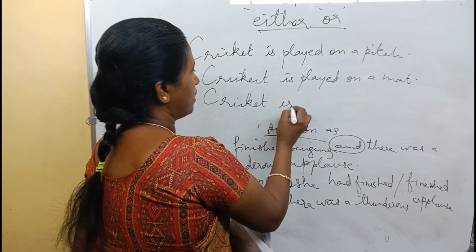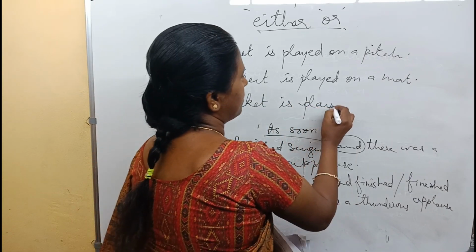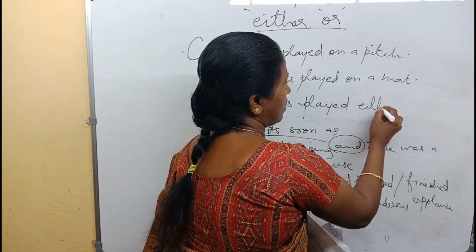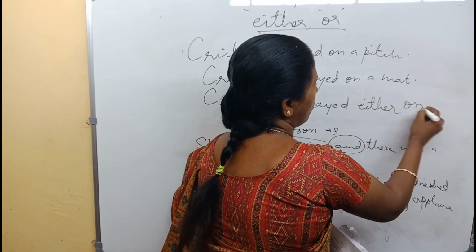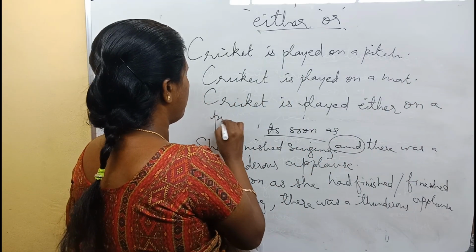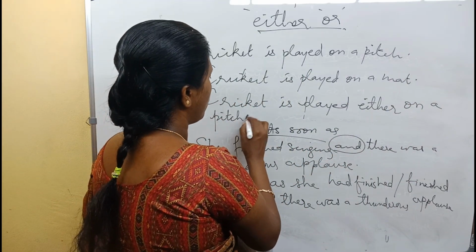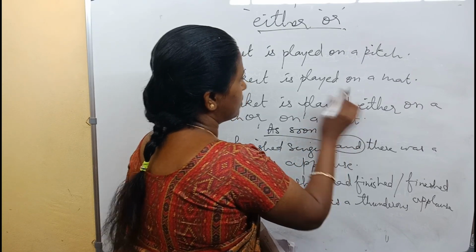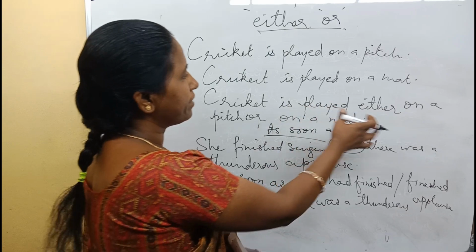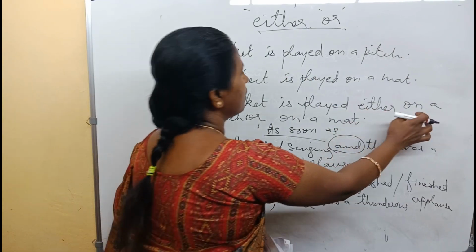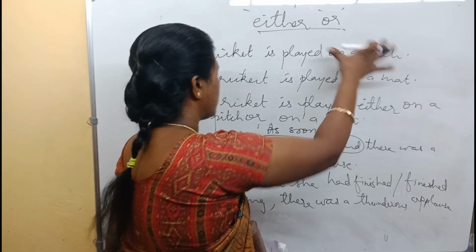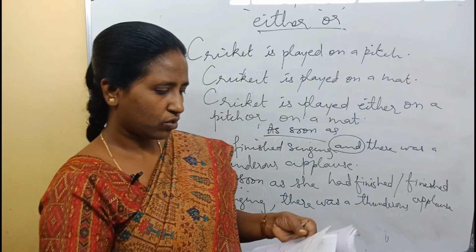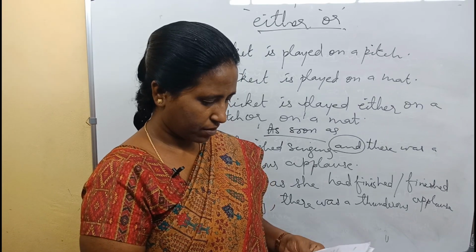Cricket is played, both are common here, that once you will write, either on a pitch or on a mat. That's it. Whatever is common once you will write, and then either on a pitch, whatever is the option, or on a mat. That's all.